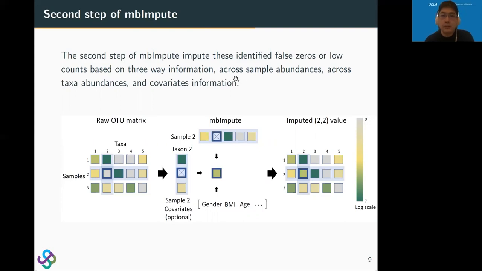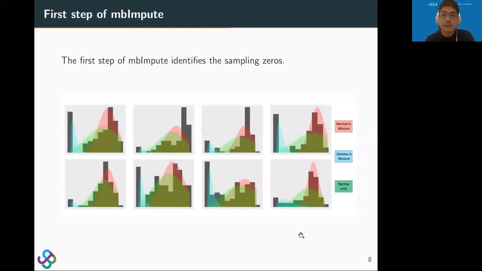Can I quickly ask a question? Yeah, sure. Can you go to the previous slide? Yeah. What's the difference between normal mixture and normal only? Okay. Sometimes the normal distribution itself is good enough to capture the distribution. For example, if we don't have the small peak over here, and it's just a normal shape, then the normal distribution itself will be good enough to capture the distribution of the counts or the abundances.